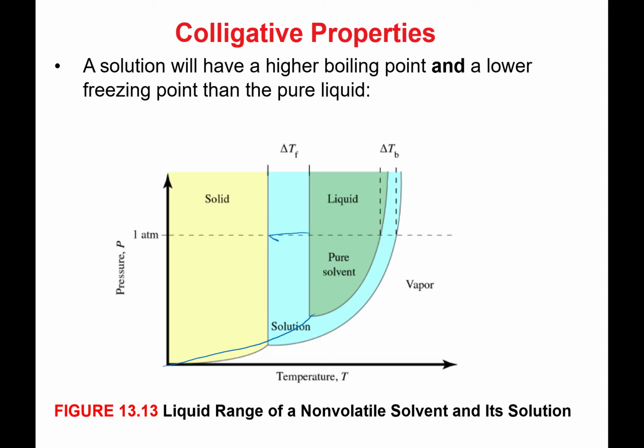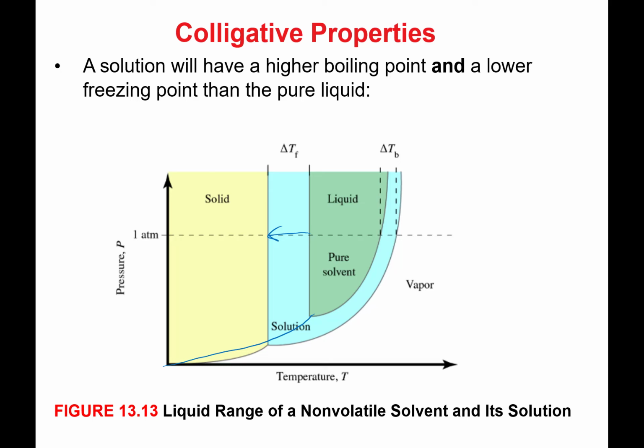And so in the light blue, you can see what it looks like for the solution. Now, in terms of the boundary between pressure and temperature, that curve represents the boiling point of the liquid at any pressure, but in fact it's the same as the plot of vapor pressure versus temperature, because remember, when a liquid is boiling it means that the vapor pressure equals the outside pressure.